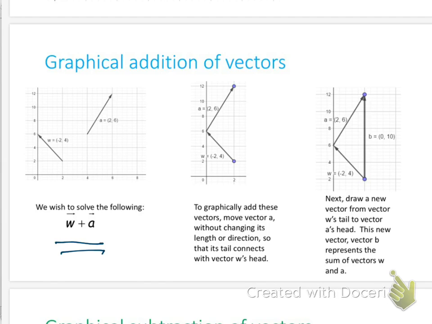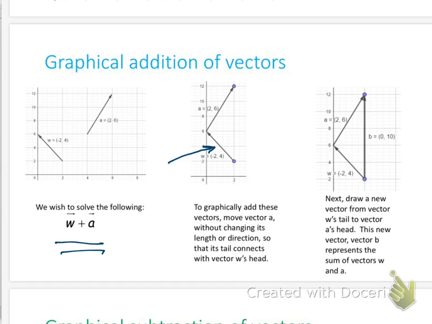So if I want to graphically add these two vectors, I'm going to figure out which one is going to be stationary and which one I'm going to move. I decided to keep vector w, so this vector is remaining stationary.